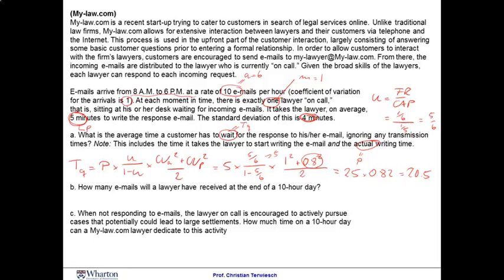Again, this is just the time in the queue. If you want to add to that the actual writing time of the email, then you have to add another 5 minutes, and that would give you a total of 25.5 minutes as the answer to the question.